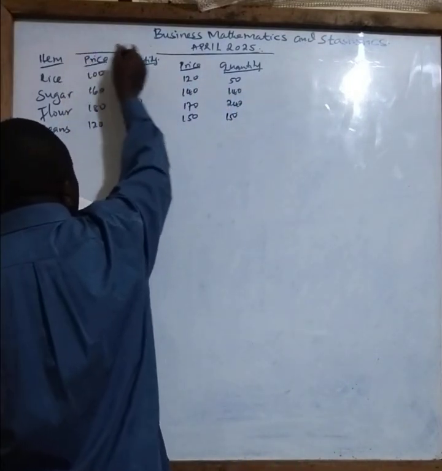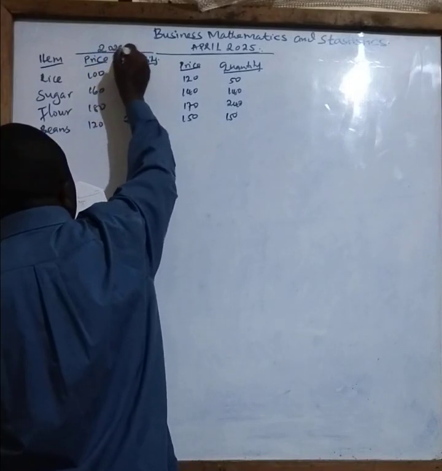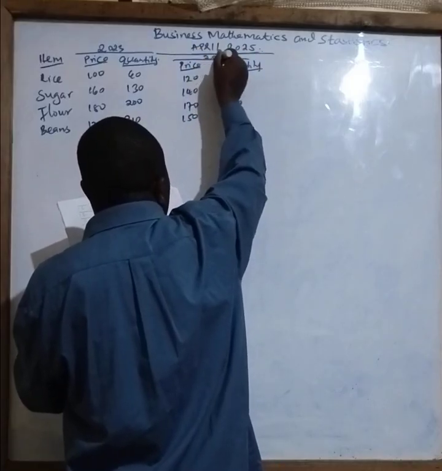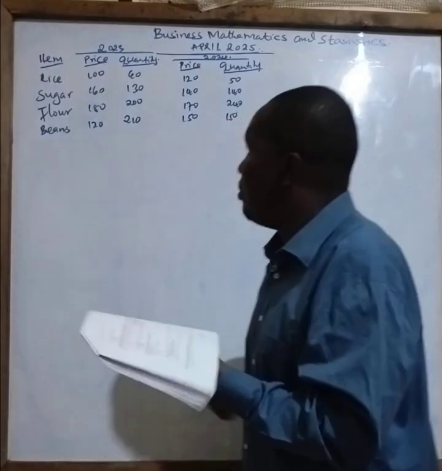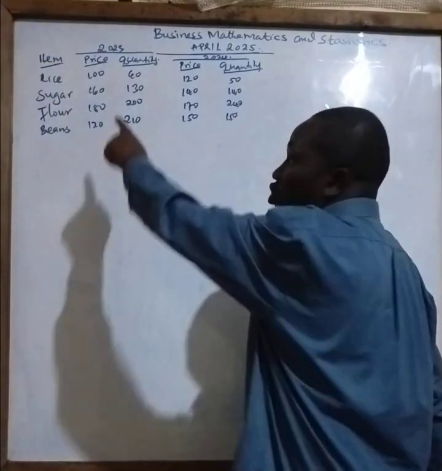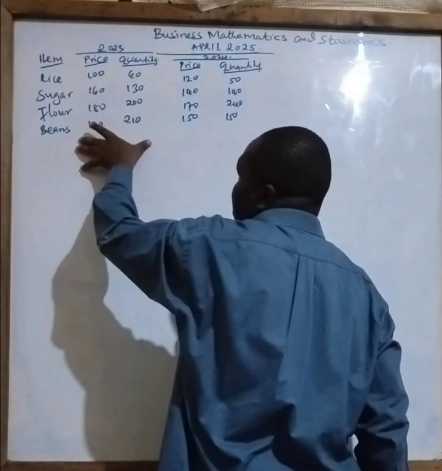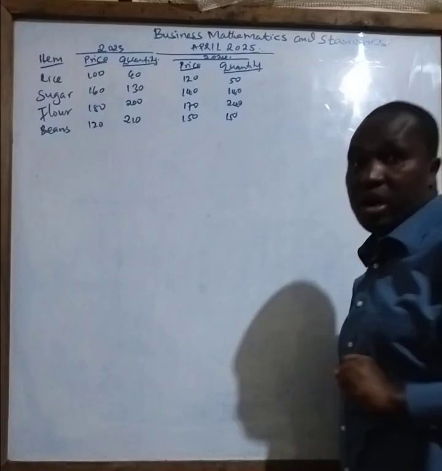So the first set is for the year 2023, and the second set is for the year 2024. From this table you can see that we have been given 2 years, 2023 and 2024. 2023 covers these 2 columns, and 2024 covers these 2 columns.